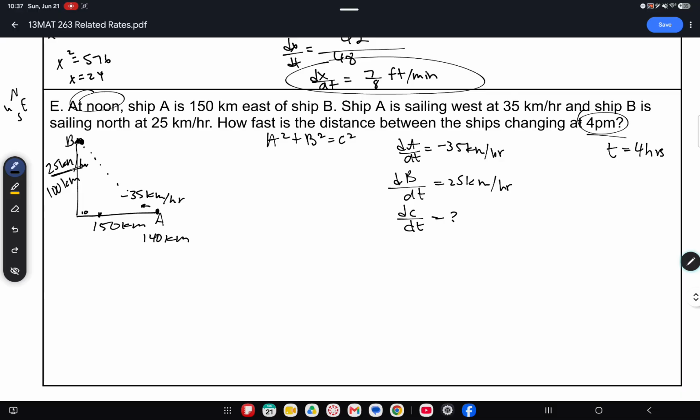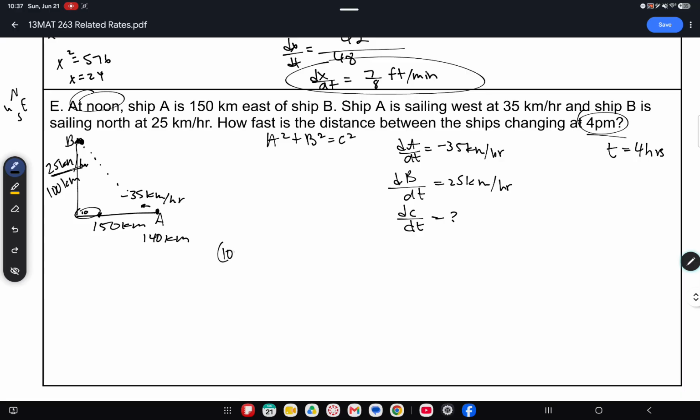Oh, yeah, we can make it a right triangle. And we know that A is going to be, by the time it's moved, we're over here.